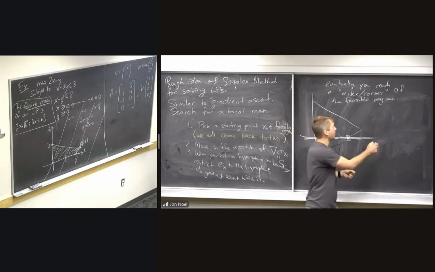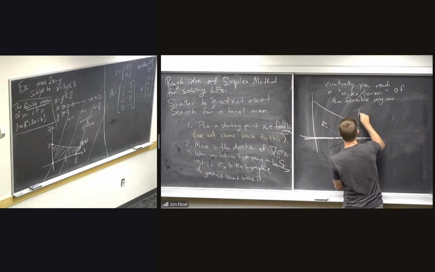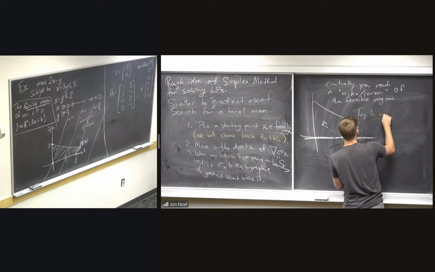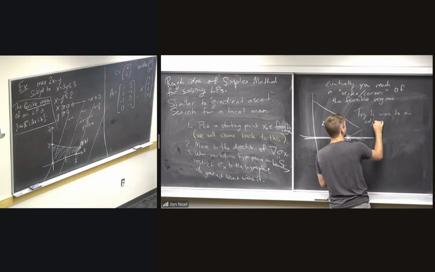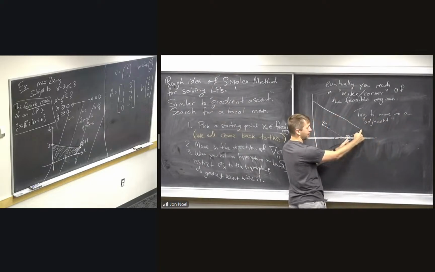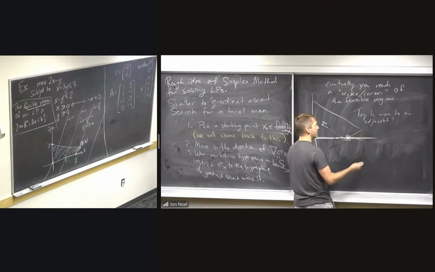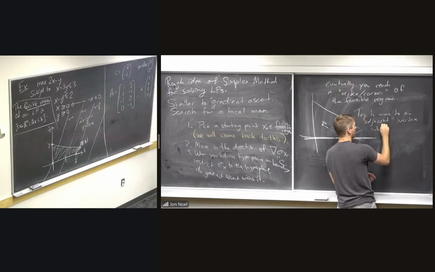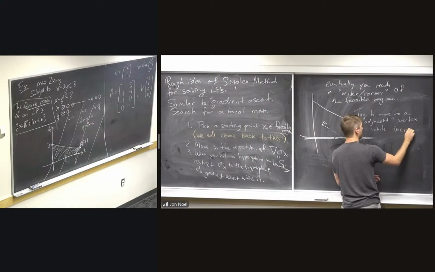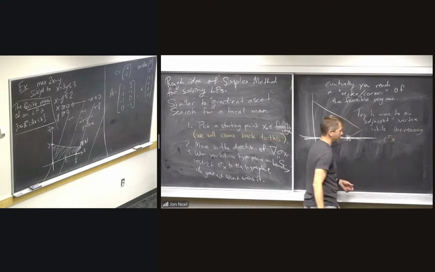So try to move to an adjacent vertex, adjacent meaning there's a line between them on the feasible region, while increasing the objective function.